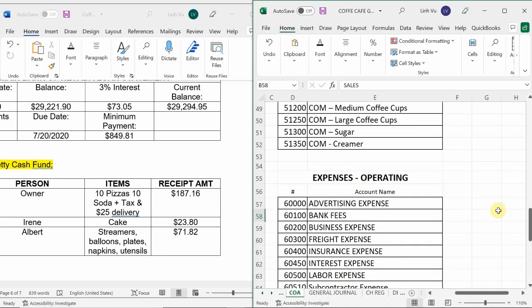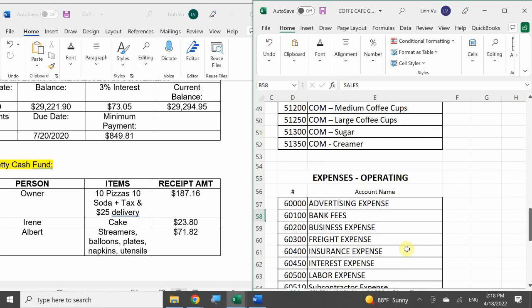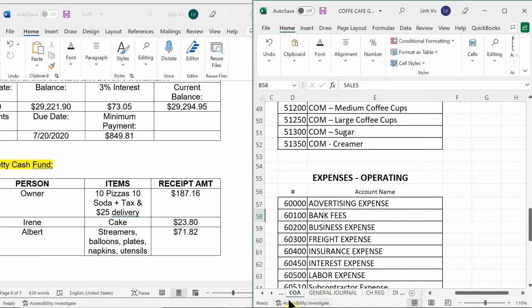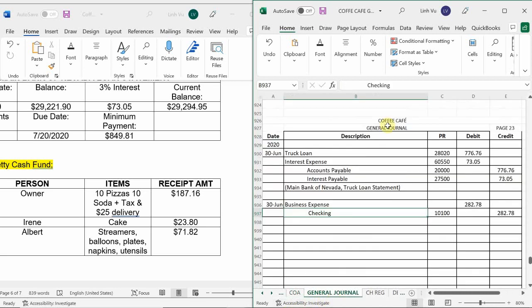So in this case, which account would this fall under? The business expense. It would fall under the business expense. Okay, business expense, I believe it's 6,200.